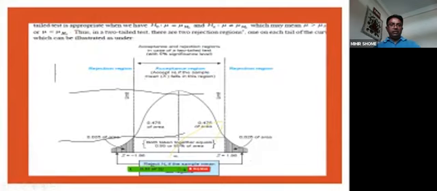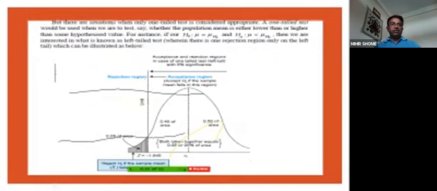This is also the rejection region. This is the acceptance region. The acceptance and rejection regions in the case of a two-tailed test have been shown at the 0.05 level. Both taken together equal 0.95 or 95% of the area.